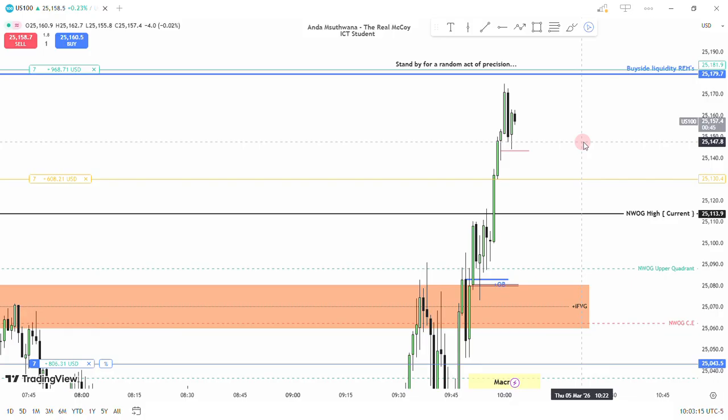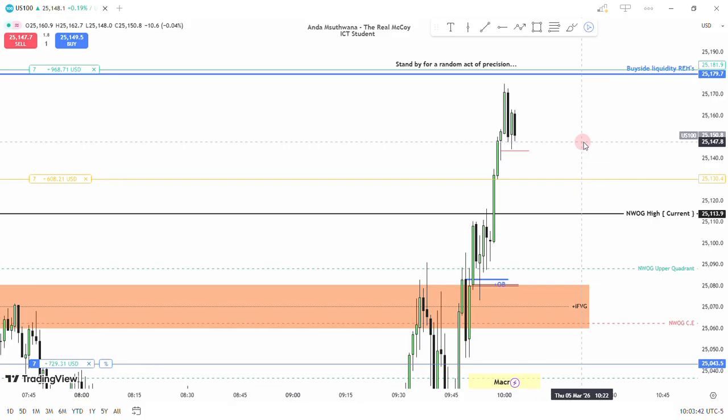So that red line that I just drew right there was the consequent encroachment of that discount wick. The logic behind that is that if price stays above it, that's a signature of being relatively strong and still wanting to gravitate to that buy side liquidity.